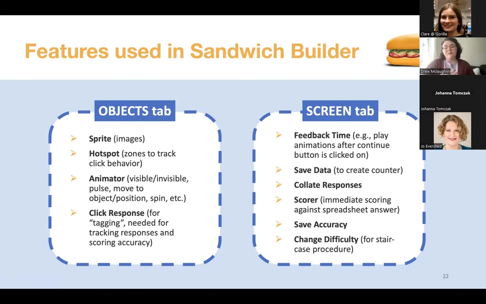I use this quite a bit because when participants click submit to build the sandwich, I wanted to then play the animation of the sandwich getting wrapped up. And so saving data, collating responses, all the way down to the change difficulty feature is what I used in order to make that staircase procedure, which allowed me to keep the task very short. And so I'm really happy with how that turned out as well.